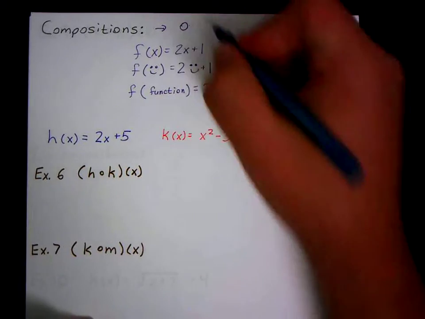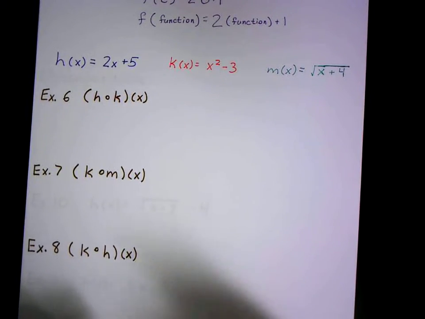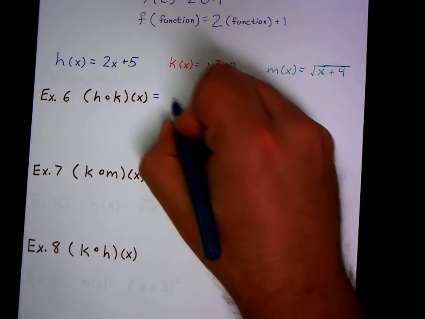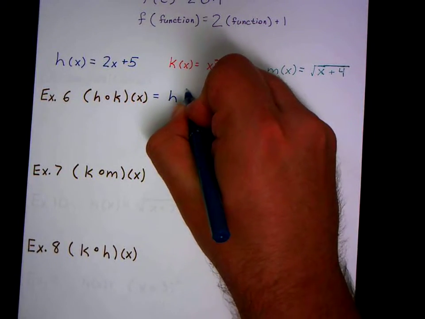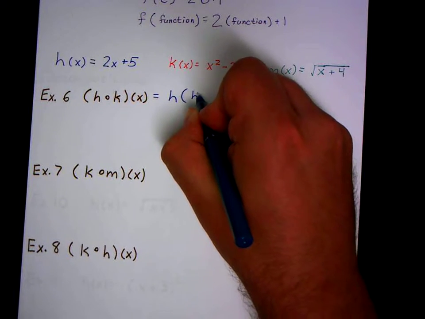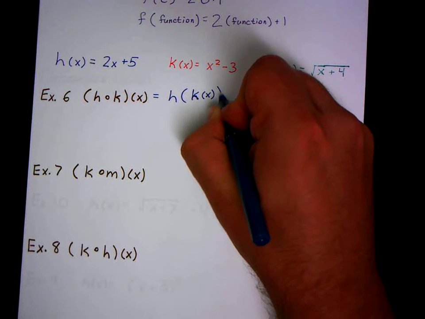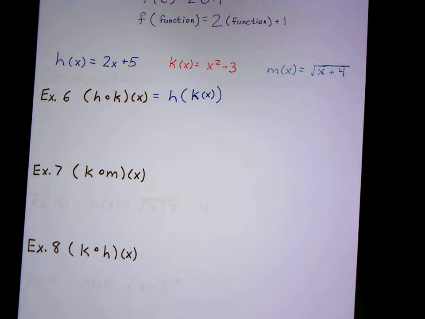So, here, let me just show you on the first one. So this means this. So it means I put the function k inside of the function h. The second one goes inside of the first one.